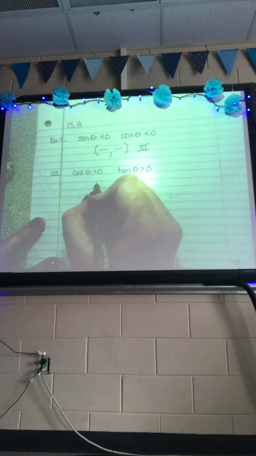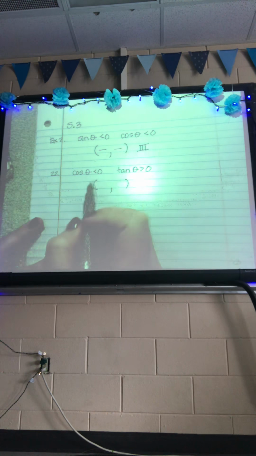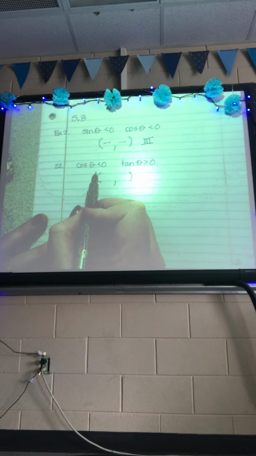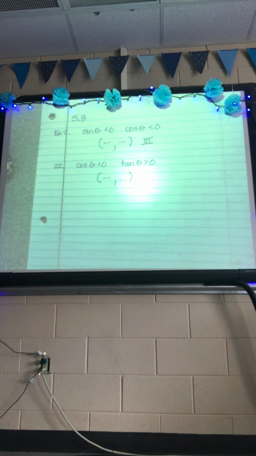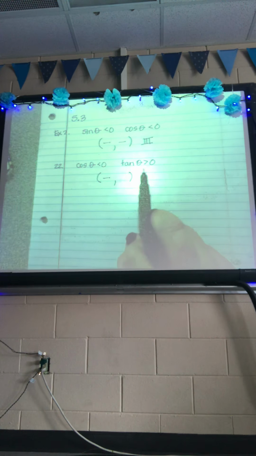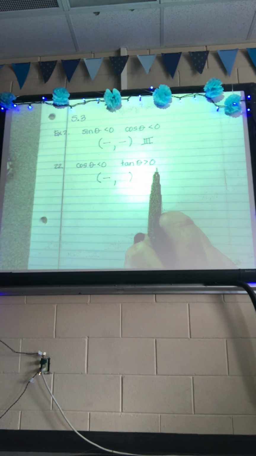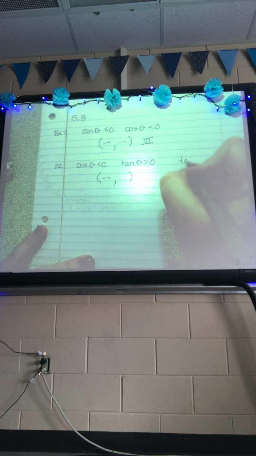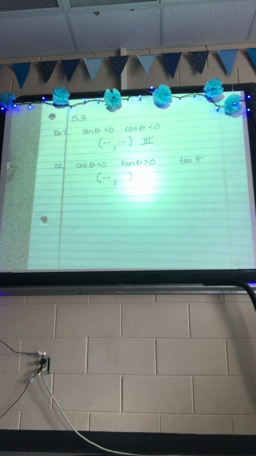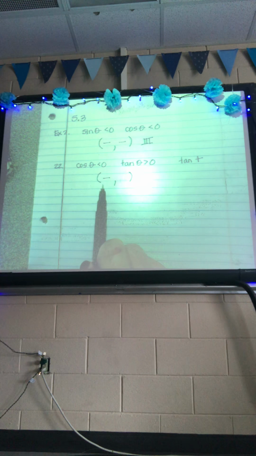So this point, the cosine is less than 0. So what do I know? The x value is negative. The tangent of theta is greater than 0. So what's that mean? The tangent is positive. How is tangent going to be positive if the cosine is negative?